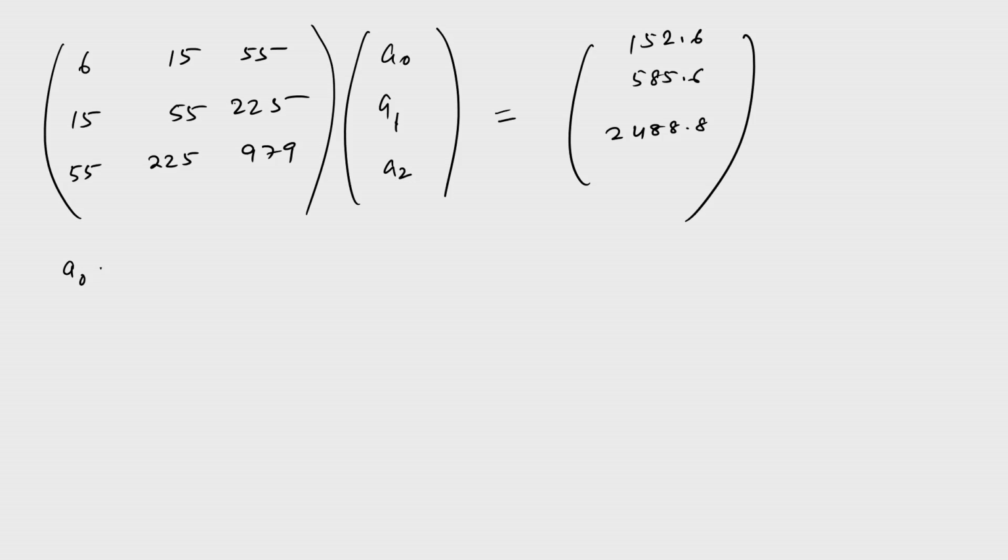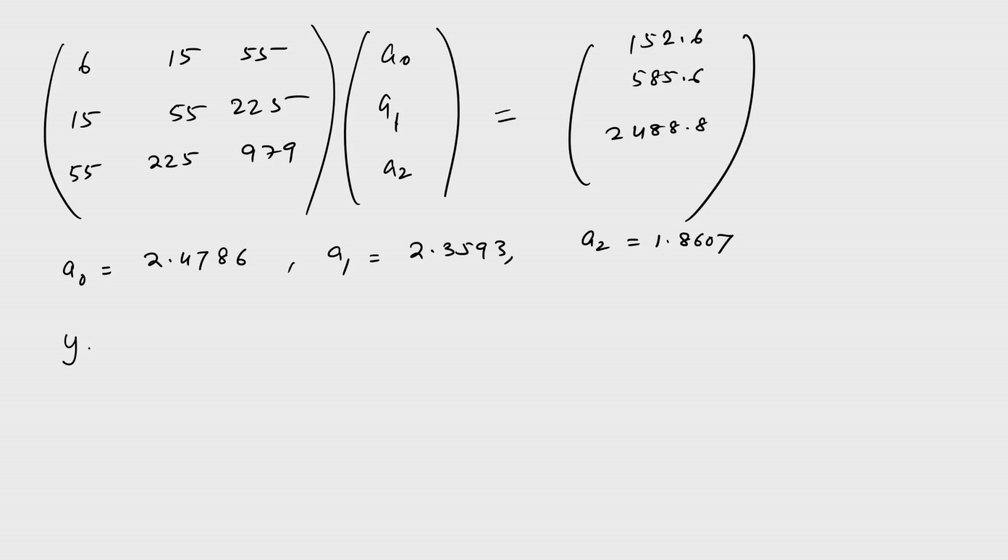So, one can get A0 equal to 2.4786, A1 equal to 2.3593 and A2 equal to 1.8607.